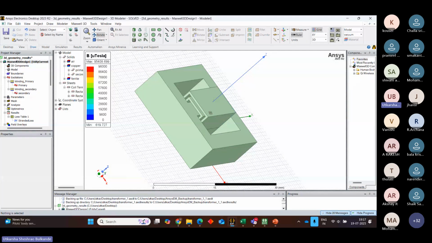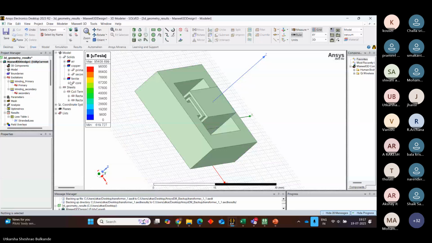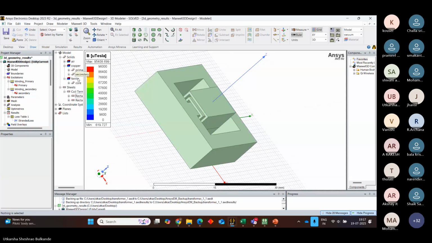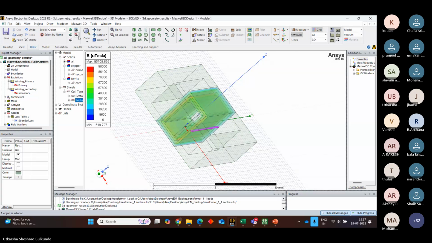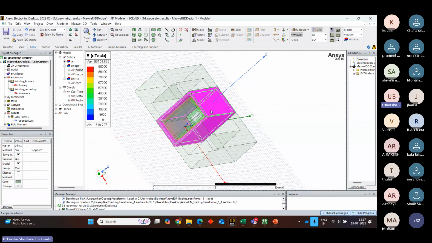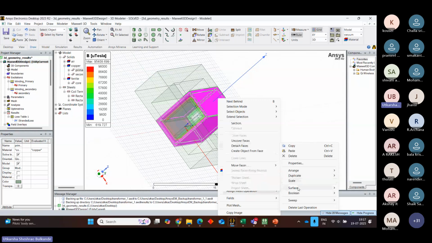Should we try? Select your winding. Edit. Section. Surface.